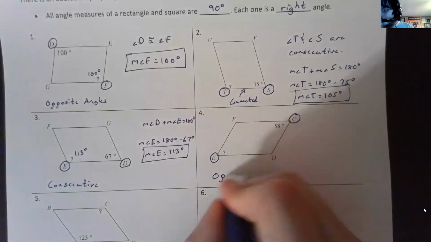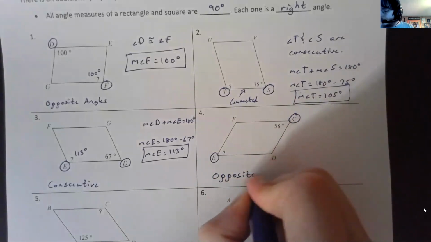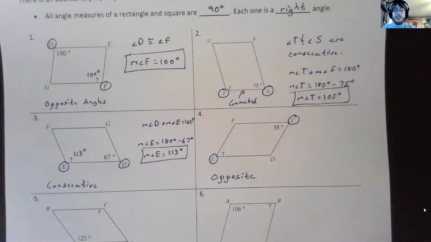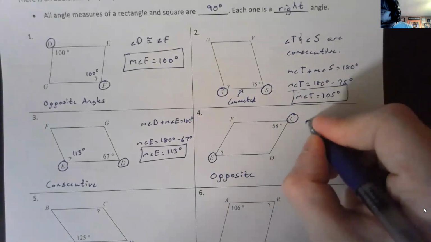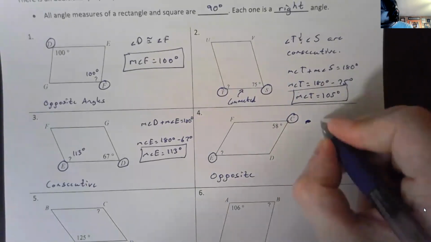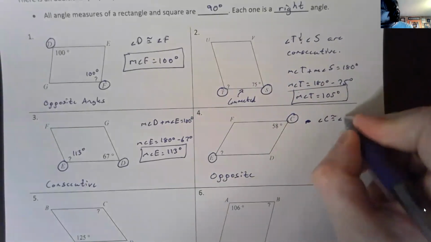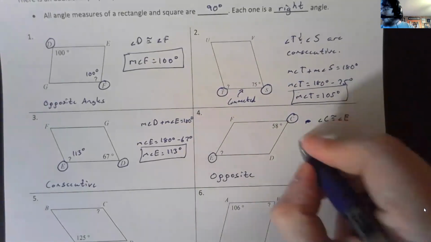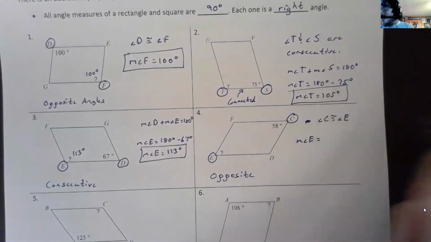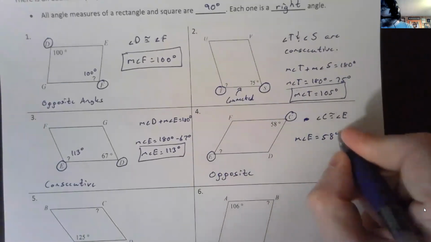That means they're opposite angles. So since they're opposite angles, that means that the measures have to be equal. So angle C is congruent to angle E. So since they're congruent, that means the measure of angle E must be the same as C, which is 58 degrees.